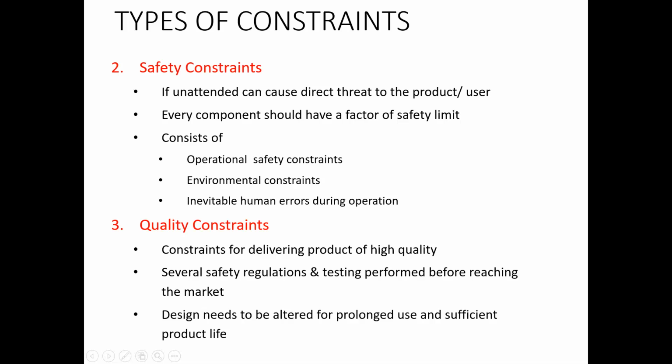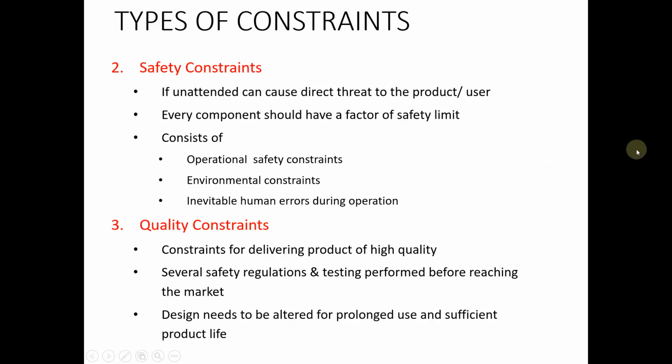Factor of safety means only if the product is used beyond that factor, then the damage should take place. So under normal operating conditions, when the product is being used by the user, it should not fail or cause any harmful effect to the product or to the user.